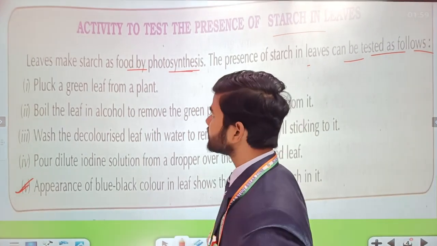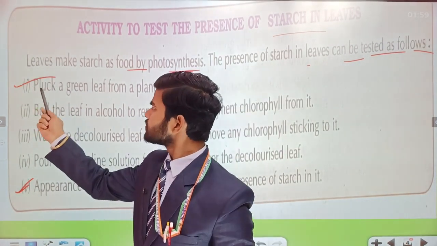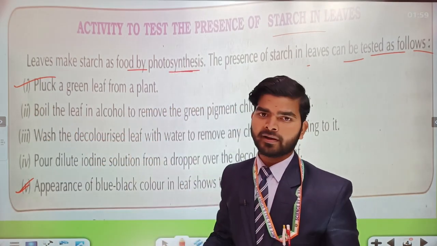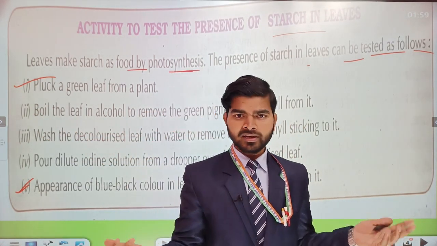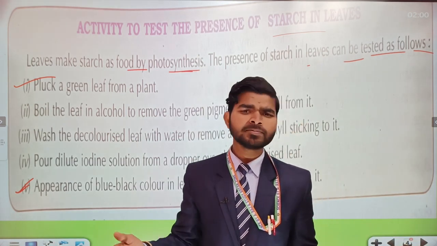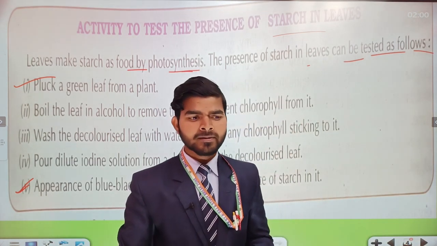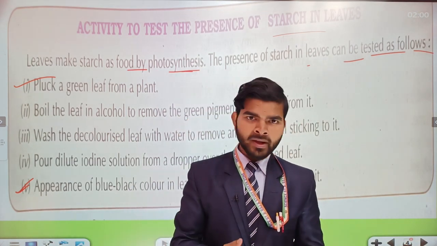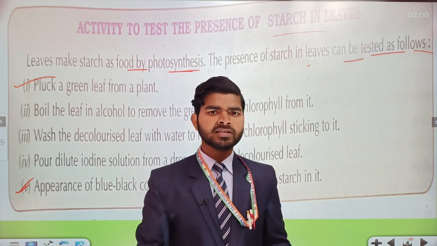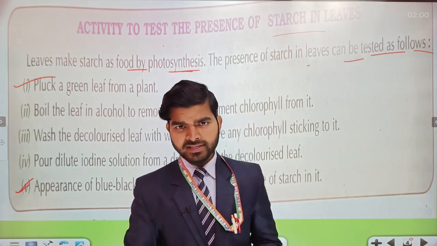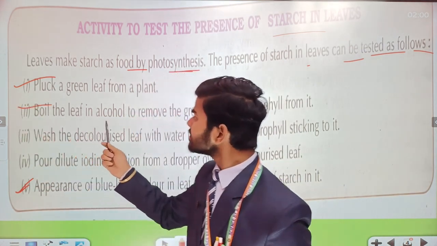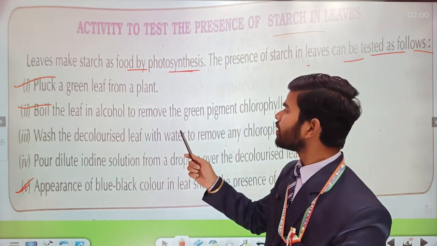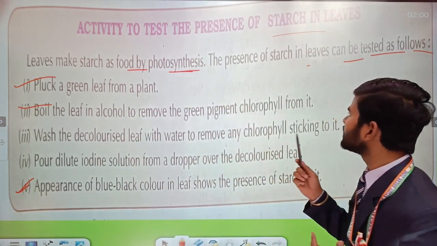So let's do how. Firstly, you need to pick a green leaf from a plant. Leaves can be available in your local areas, or you can take the leaves of any plant, just like peepal, mango plant, etc. Obviously yes. Next step is saying boil the leaf in alcohol to remove the green pigment chlorophyll from it.